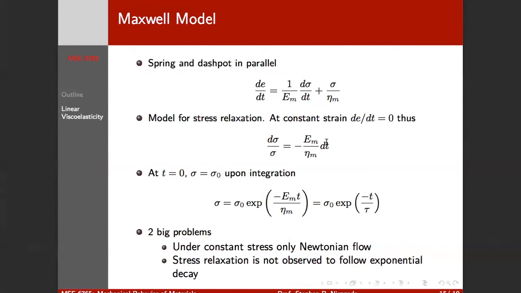So we have a differential equation that looks like this. And again, we can solve for stress. And basically, we say that under constant stress, we only have a Newtonian flow. We don't have stress relaxation.